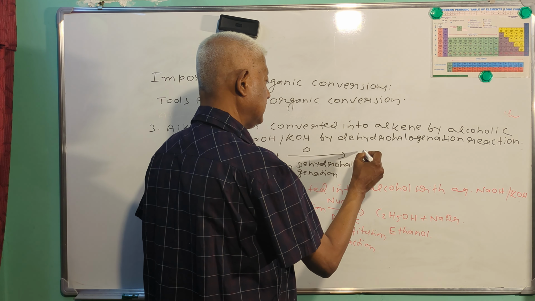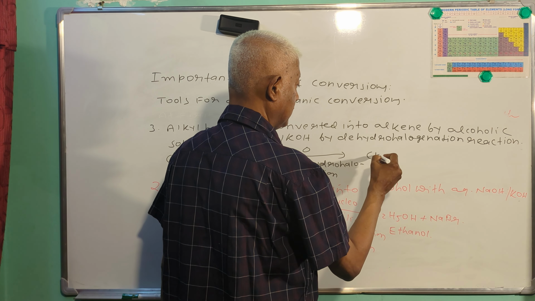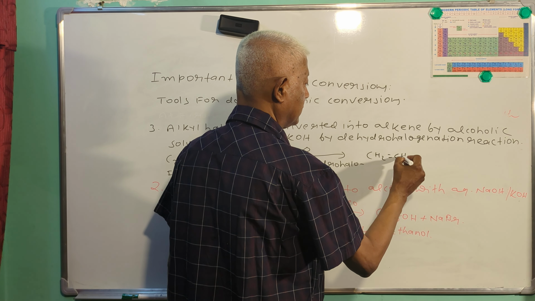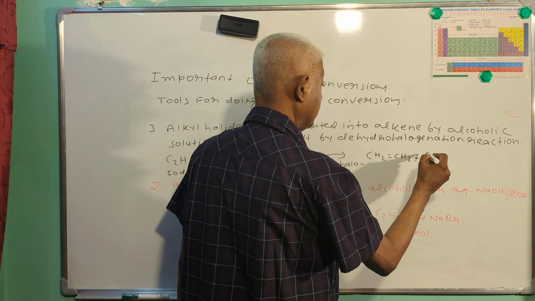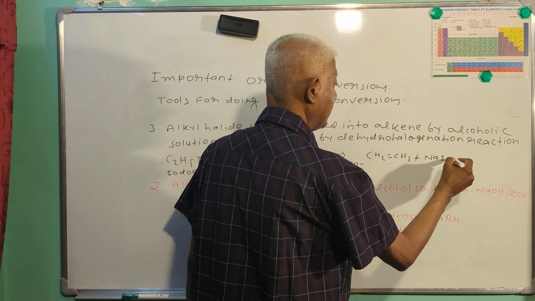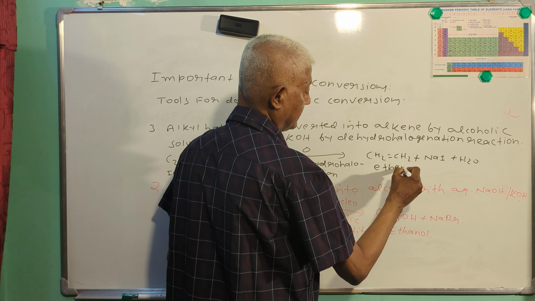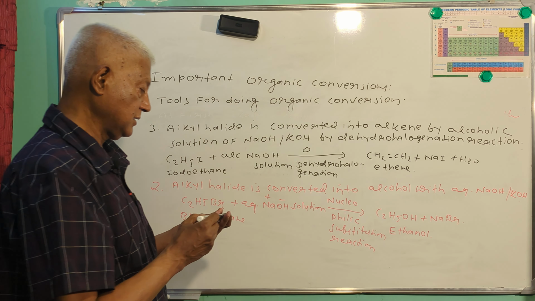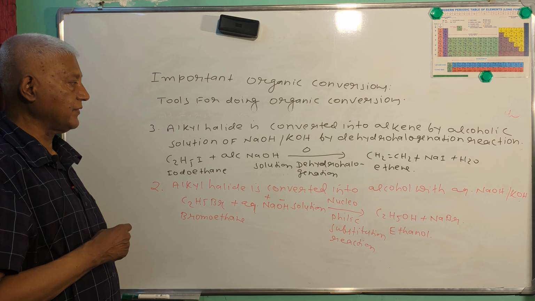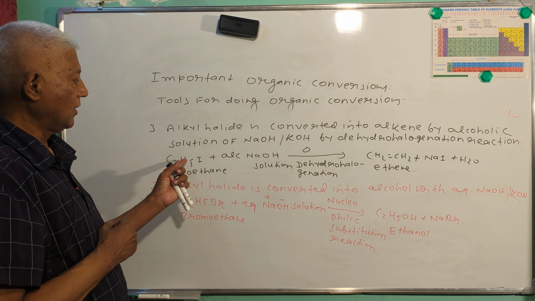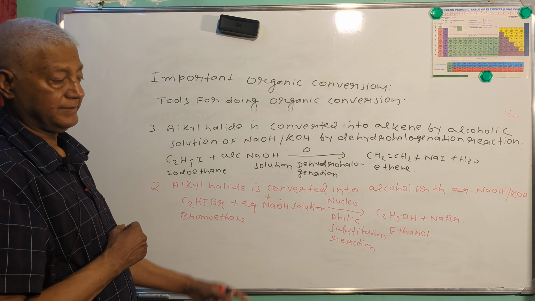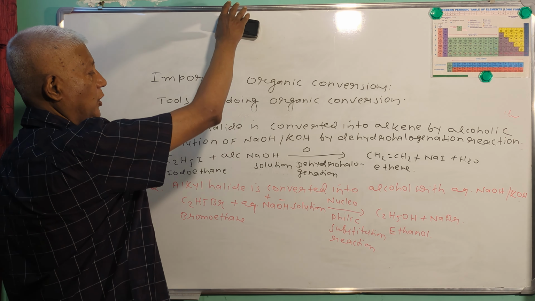So what do we have? CH2=CH2 plus NaI plus H2O, that is ethene. So for conversion of alkyl halide into alkene, always we have to treat with alcoholic NaOH or KOH solution.